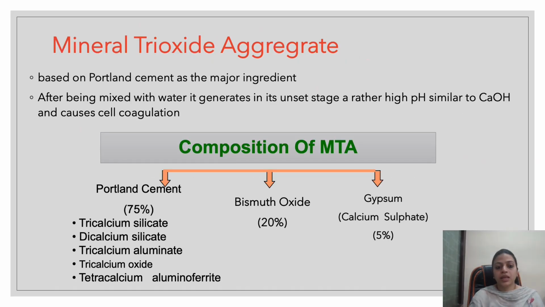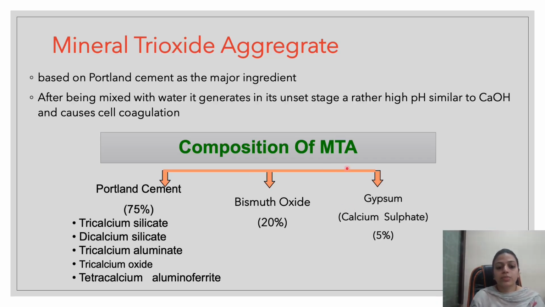Then comes mineral trioxide aggregate. It is based on Portland cement as the major ingredient. After being mixed with water, in its unset stage it generates a high pH, similar to calcium hydroxide. That alkaline pH can cause cell coagulation.